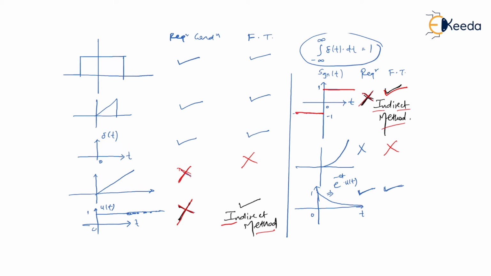If you don't remember, let me remind you: you have to observe a signal and see whether, anywhere with respect to time, the amplitude is reaching infinity. If the amplitude is nowhere reaching infinity, then such a signal is called a bounded signal. Else, if at a particular time you see that the amplitude keeps on increasing and at a certain time it reaches infinity, then that signal is known as an unbounded signal.